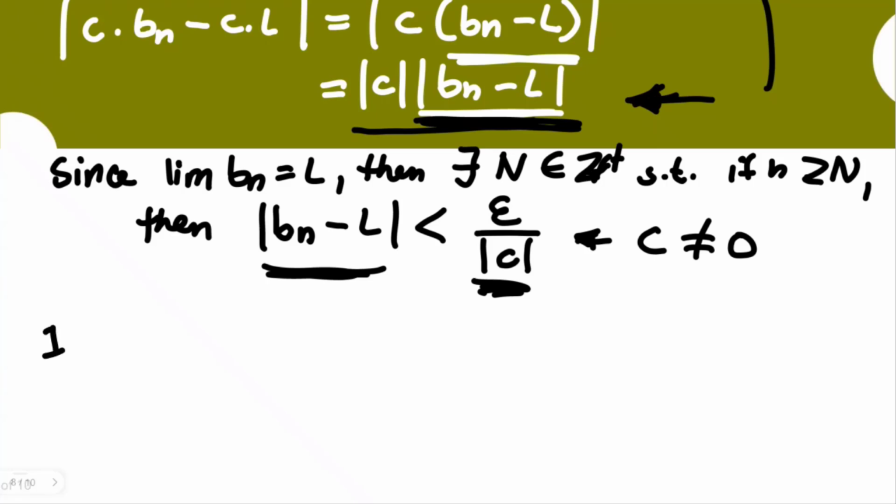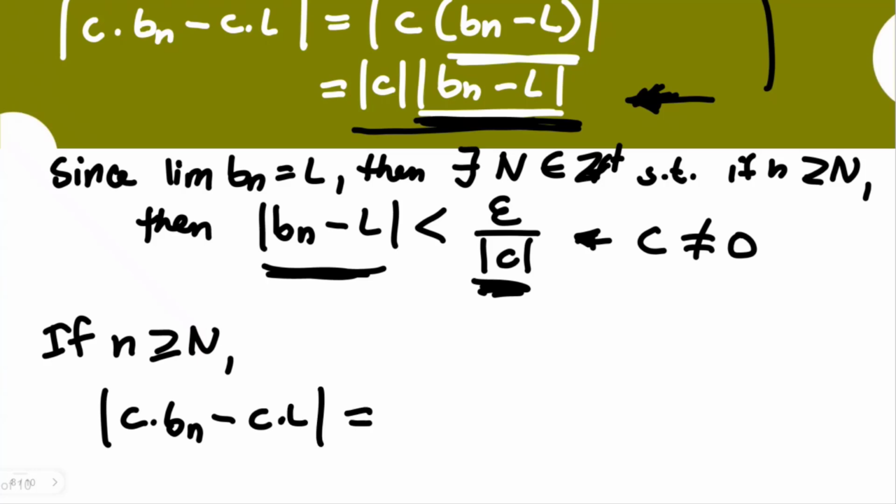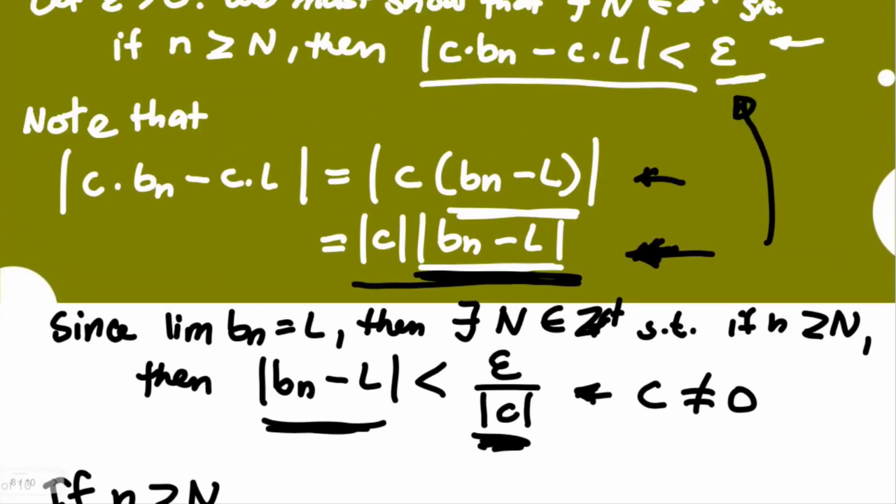Now after this, we can return. If n is greater than or equal to N, we'll be using this now. So you will have c times b sub n minus c times L equal to, again, directly providing here, the absolute value of c times the absolute value of b sub n minus L. Don't worry if I did not go through this step by step, because we already showed that earlier.